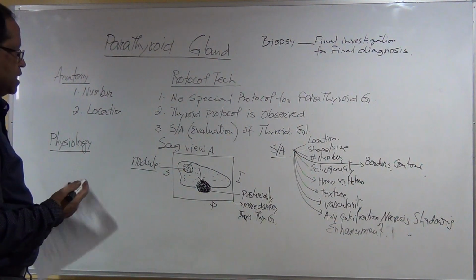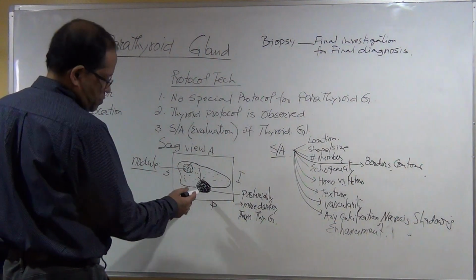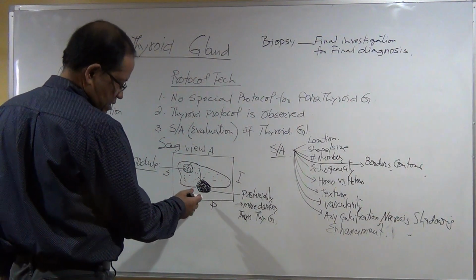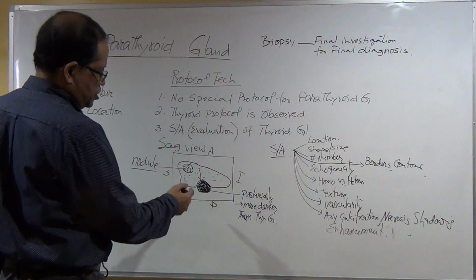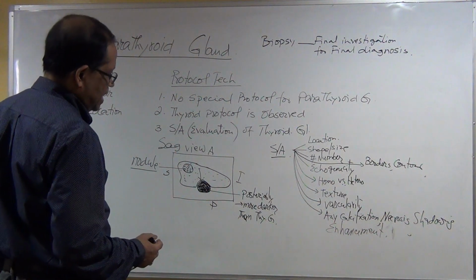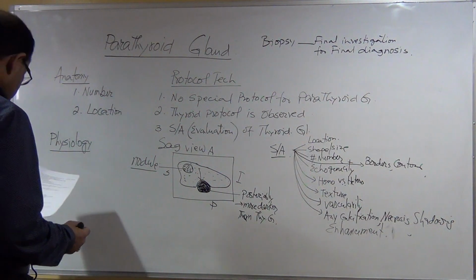So we understood that because of the location, the shape, and size, it is very difficult to differentiate it from a thyroid gland mass. So this is important.